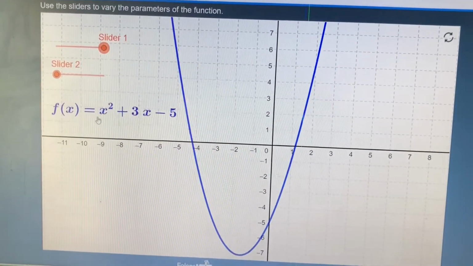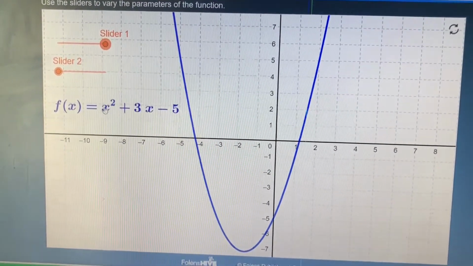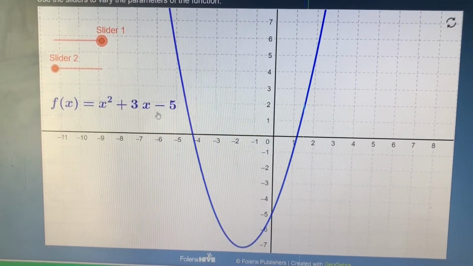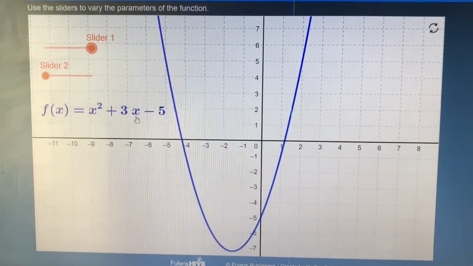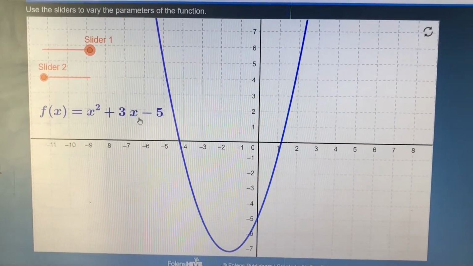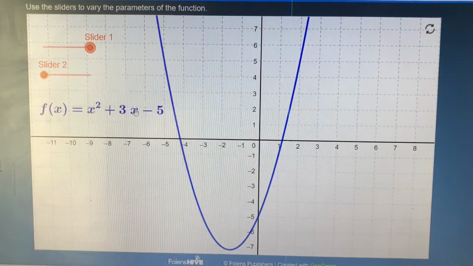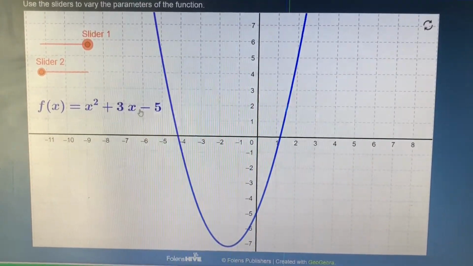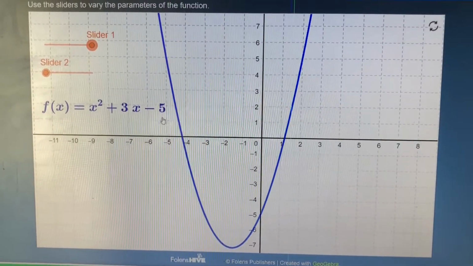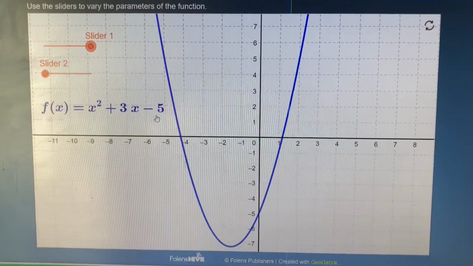Now, if you were to temporarily ignore this first term and just look at these last two, they should actually look quite familiar from when we did linear equations. If you recall, a linear equation had just an x term. It didn't have x squared. And it also had a constant, so a number on its own, not attached to a letter, at the end.